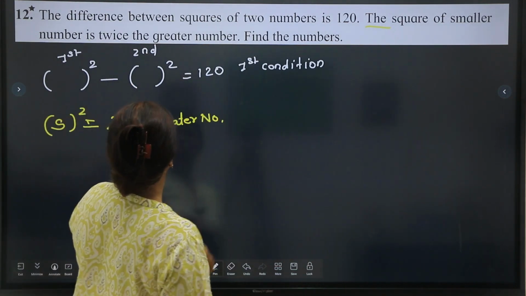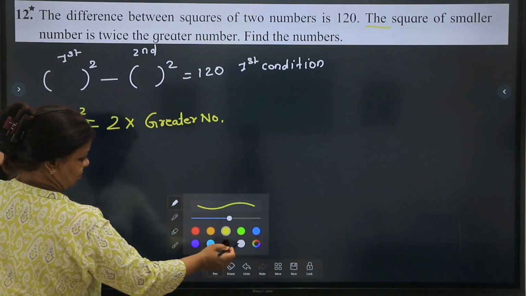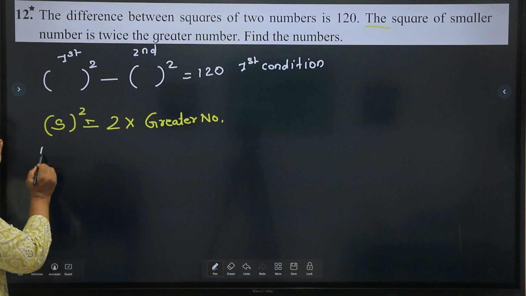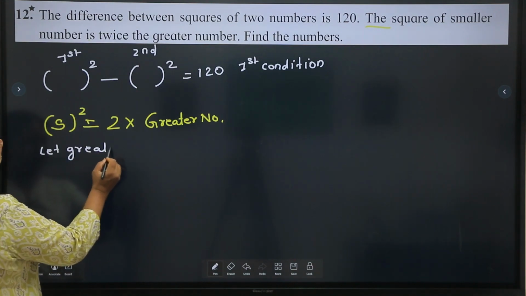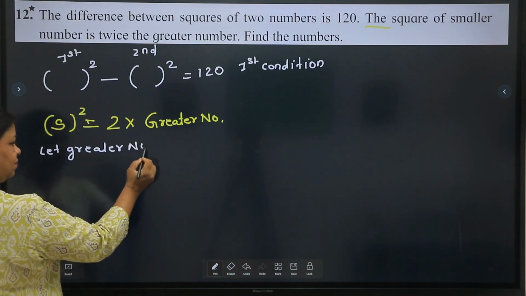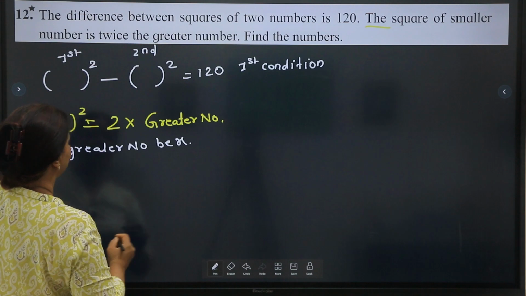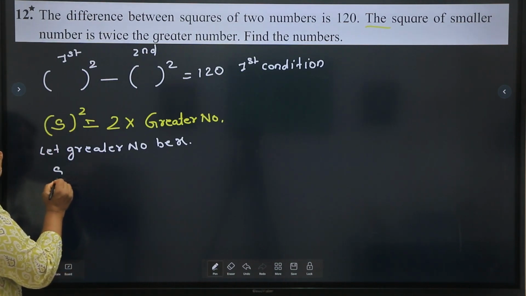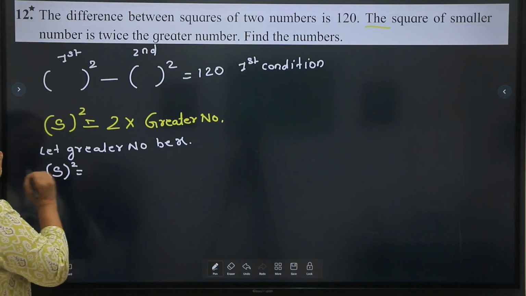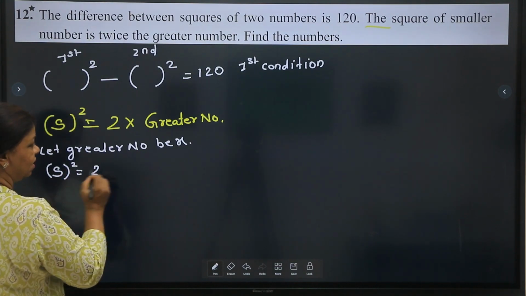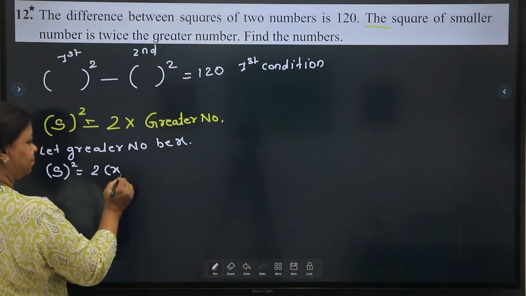So we will assume, let the greater number be x. Smaller number square is equal to 2 times the greater number, and the greater number is x.